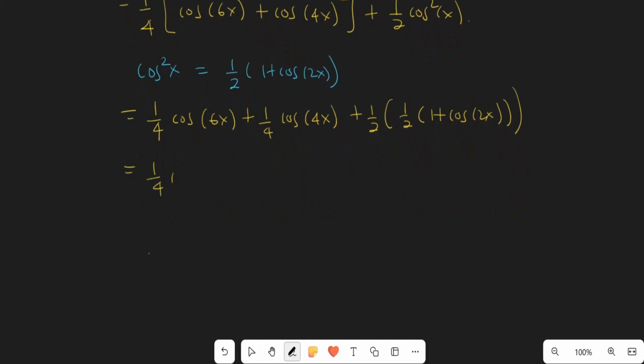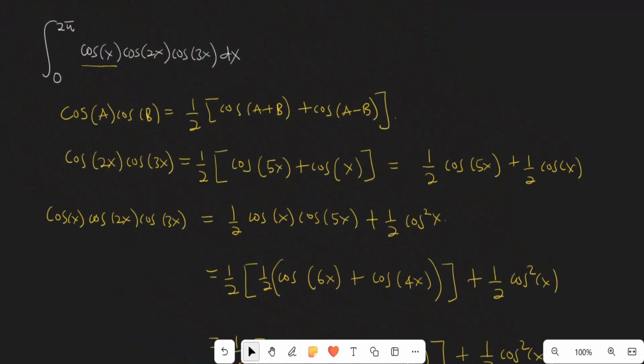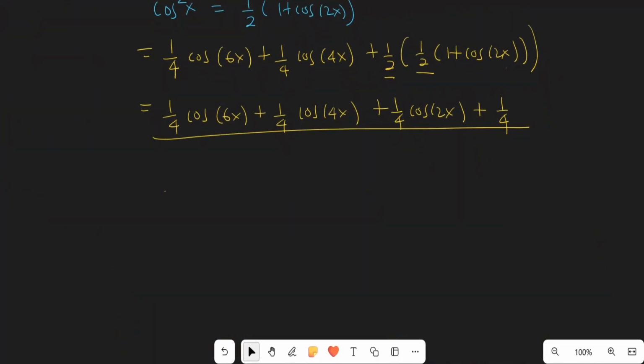So we have 1/4 cosine of 6x plus 1/4 cosine of 4x plus another 1/4 cosine of 2x, and then plus 1/4. So this is how our integrand can be broken down. Our integrand is the same as this one, so we can now integrate this quite nicely.